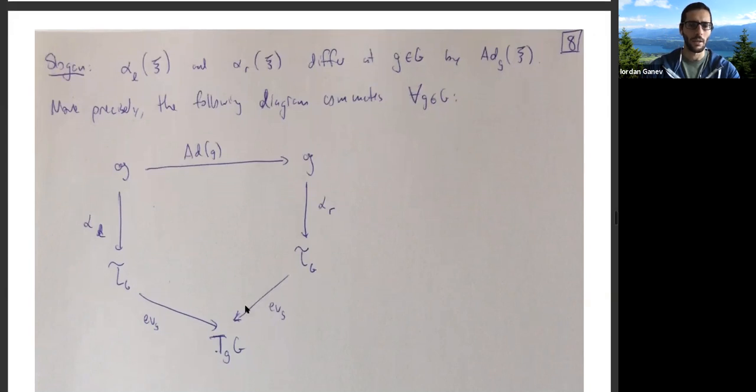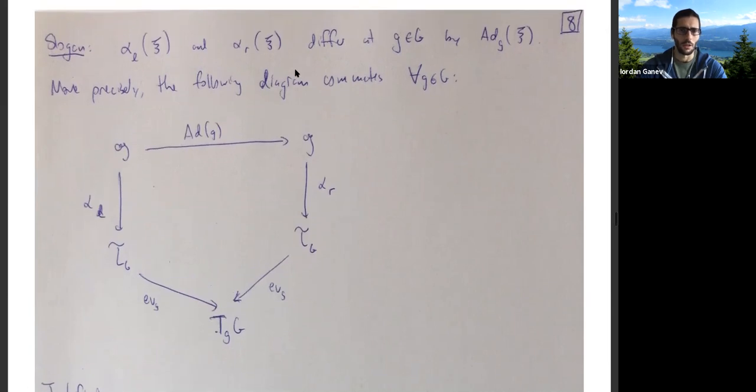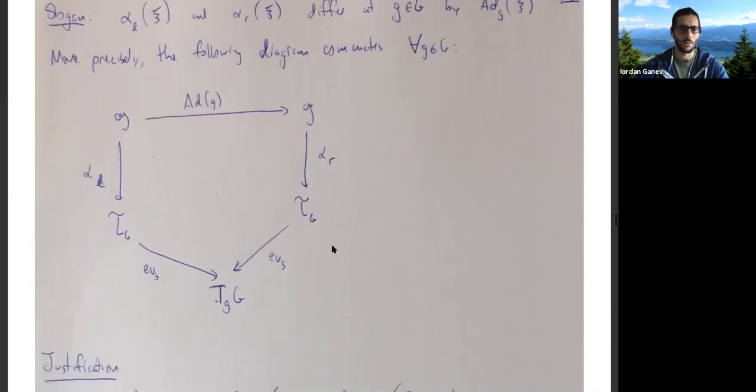And then we evaluate each of these vector fields at the little g with which we acted. Then we get a commutative diagram. So that's the diagrammatic interpretation. So I guess I'm giving you several interpretations. This is kind of in words what's going on, the slogan. This is the diagrammatic interpretation.